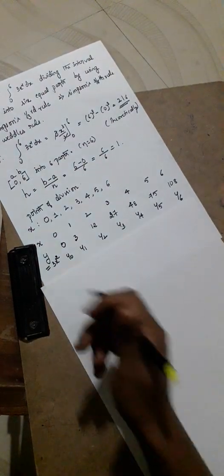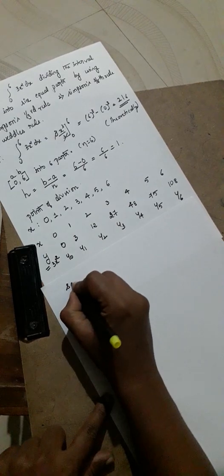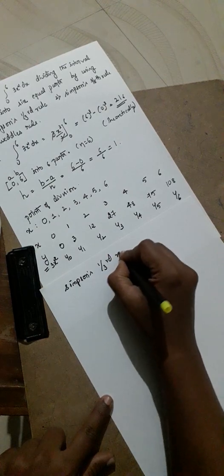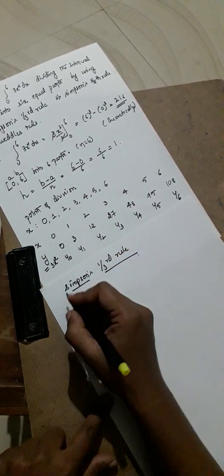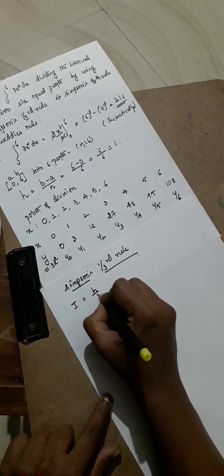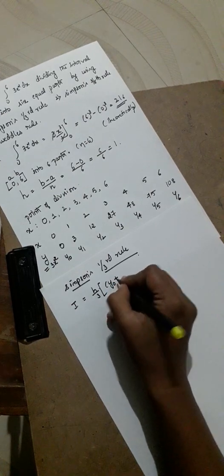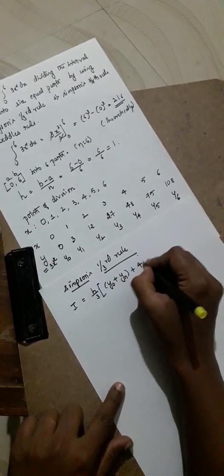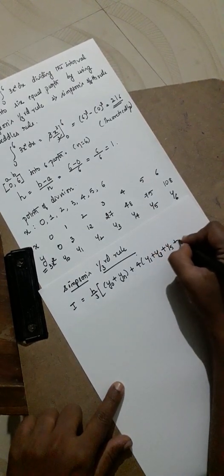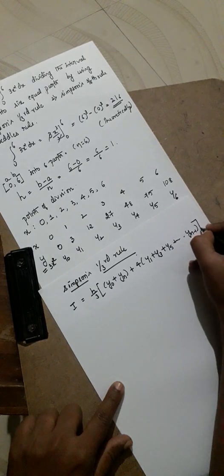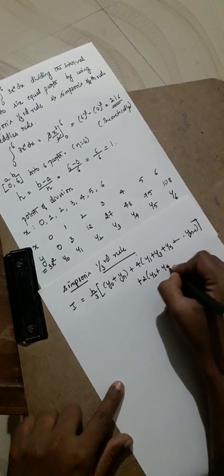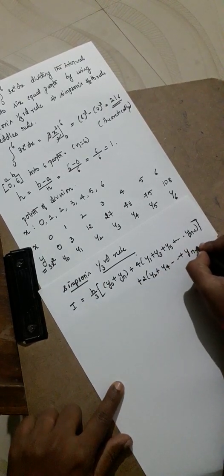First one, Simpson's 1/3 rule. Now we write the general formula for Simpson's 1/3 rule: h by 3 times the bracket y0 plus yn, plus 4 times y1 plus y3 plus y5 and so on up to yn minus 1, then plus 2 times y2 plus y4 and so on up to yn minus 2.